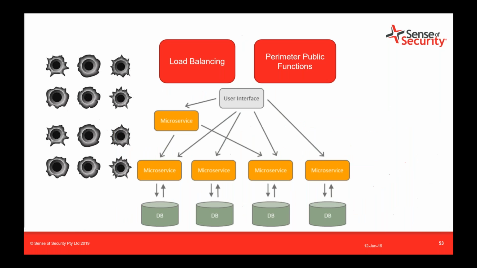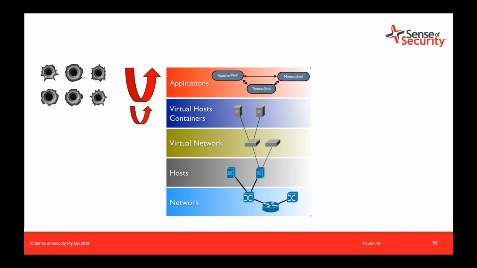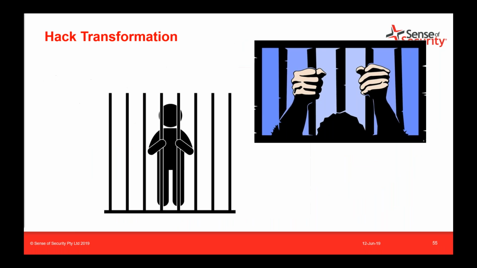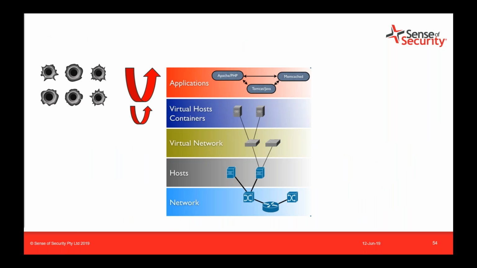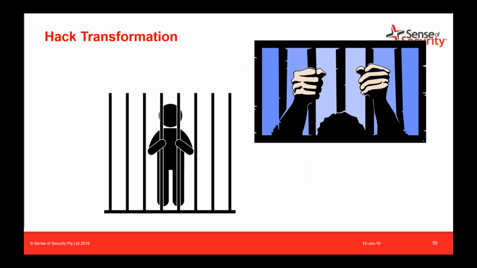And as you can see over here, the attack in the microservices environment is going to be deflected at many different areas before the attacker is actually able to exploit the vulnerabilities.